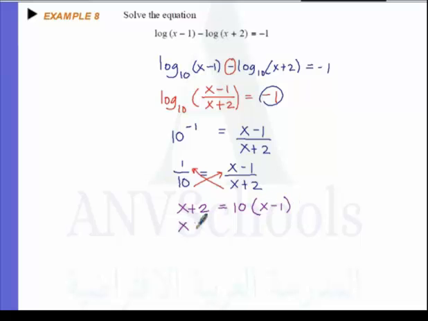And so x + 2 is equal to 10x − 10. I have to arrange the expressions such that I only have x expressions on the left and the numerical values on the right. So I transfer 10x to the left and this gives me −10 − 2. So −9x is equal to −12.